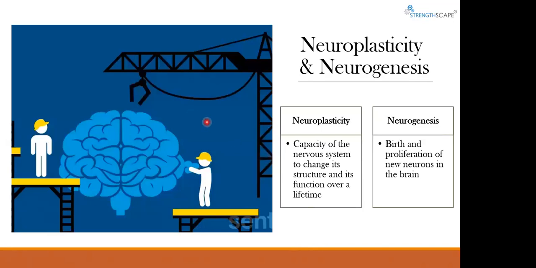The second concept related to neuroscience, which is again a very, very important one, is called neuroplasticity. And again, this is based on new research that has happened on the human brain. And this is a very, very encouraging aspect of the brain. Neuroplasticity essentially is the capacity of the brain to change itself, which means to change its structure and in fact even its function over a long period of time.